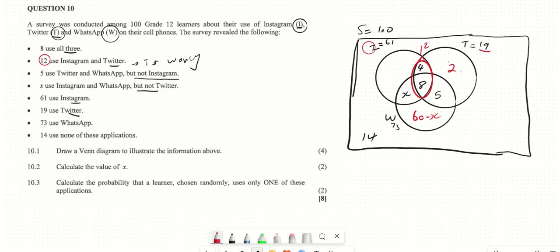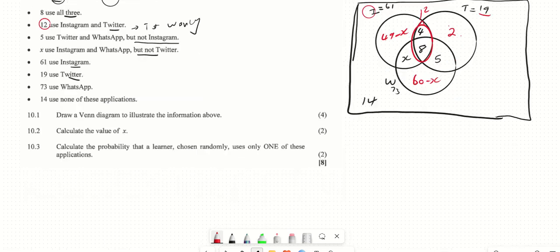Then here we are going to have 61 minus 12, which is 49, so 49 minus x use Instagram only. I think we've done justice with that. That's our Venn diagram here.